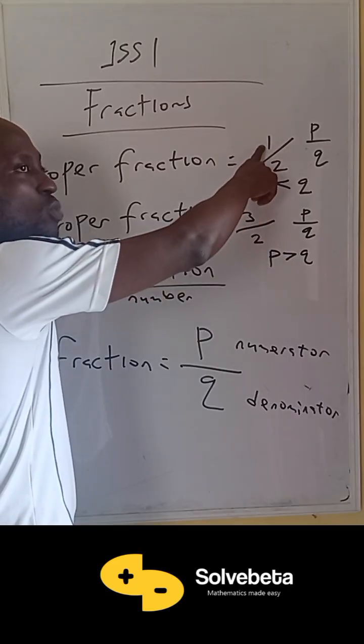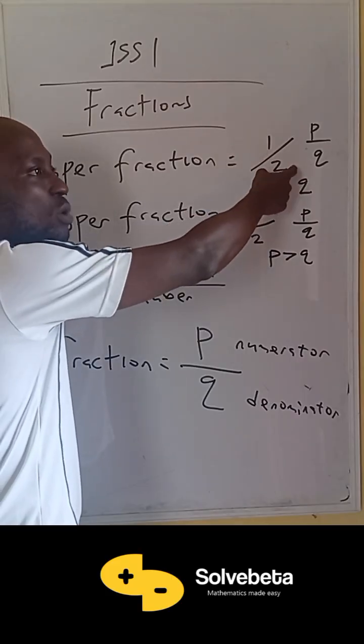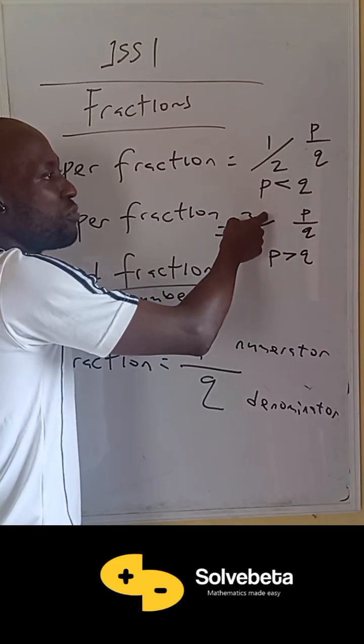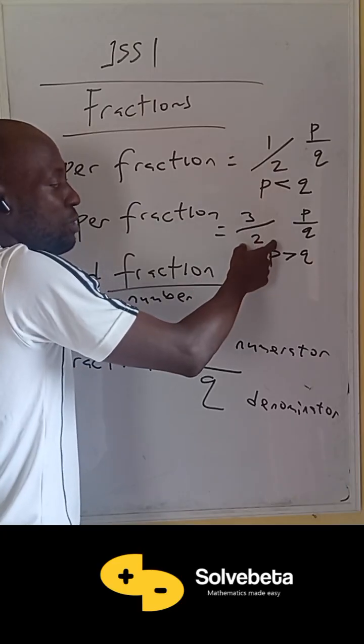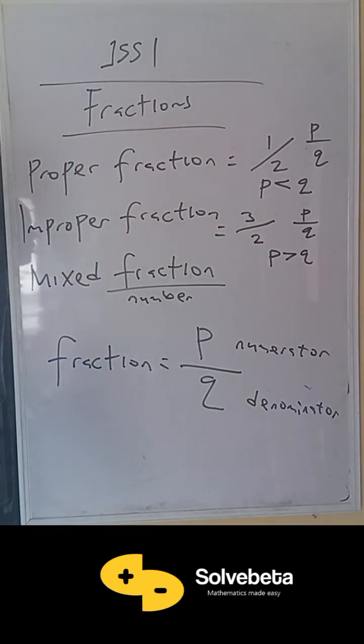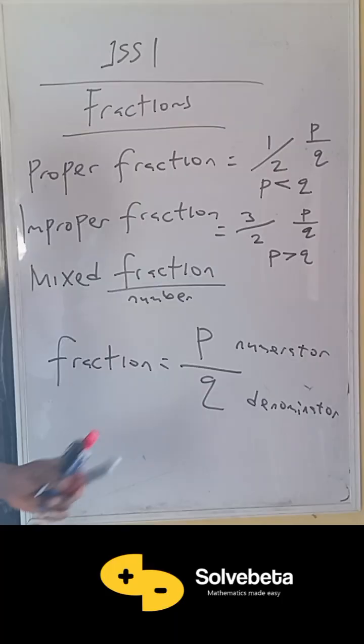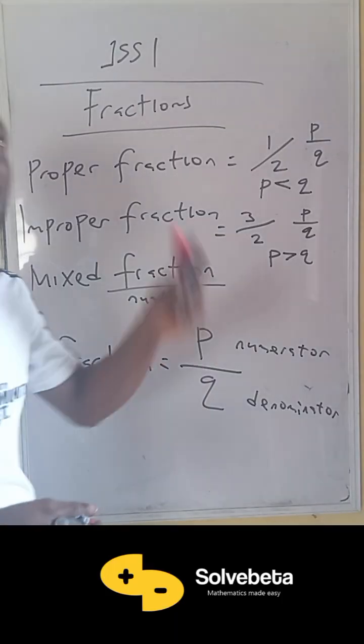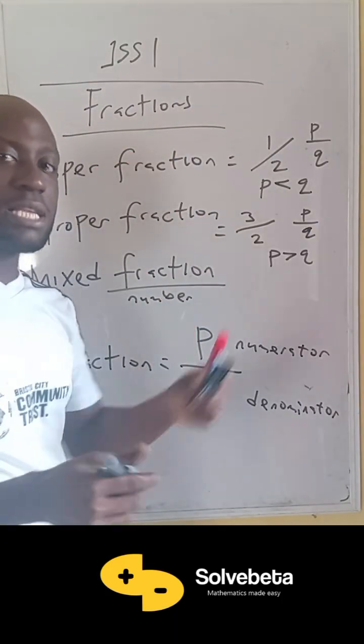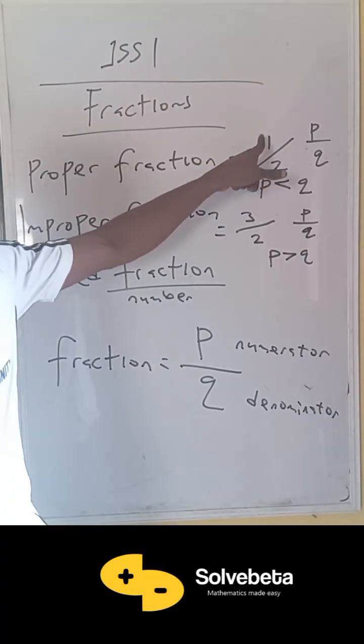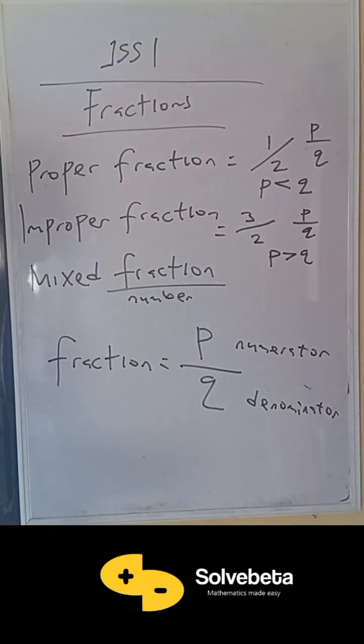In proper, the one above is smaller, so it can be carried by the one below. But in improper, the one above is greater, and the one below is struggling to carry it. So that's what you call an improper fraction. Improper: above greater, below lesser. Proper: above lesser, below greater. Please take note of that.